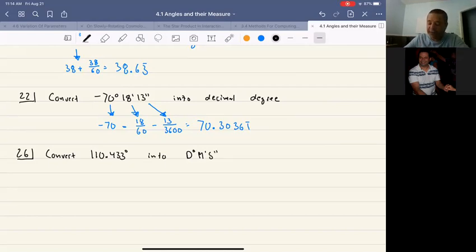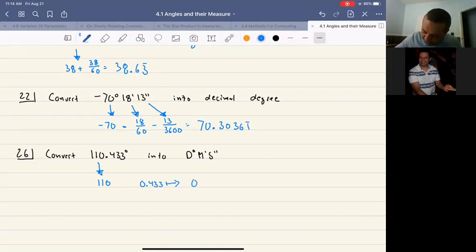Okay, so now we've got 110. That's fine. Now, what we're going to do is we're going to take 0.433, and that converts into how many minutes?